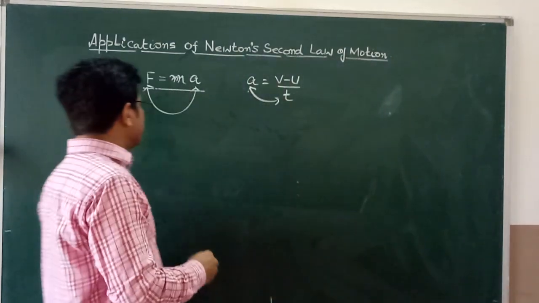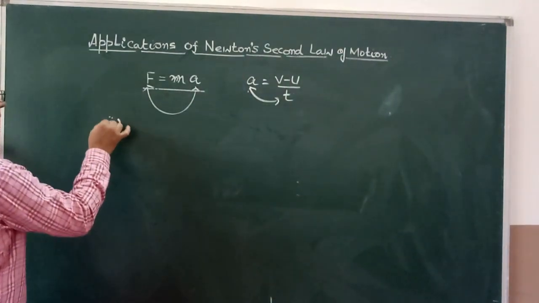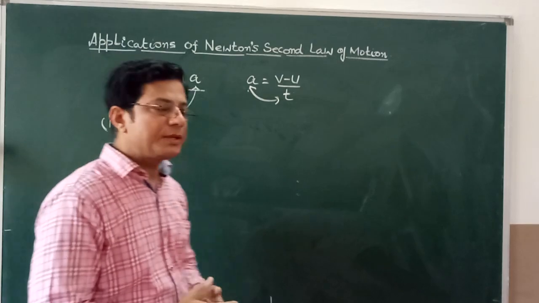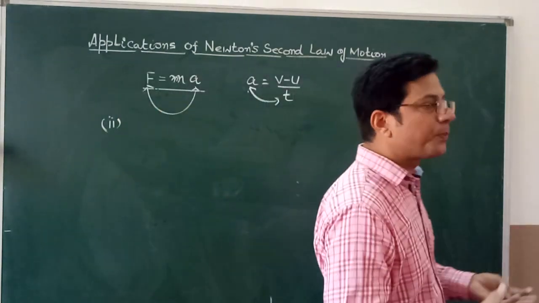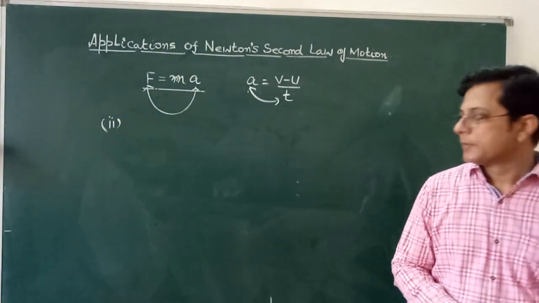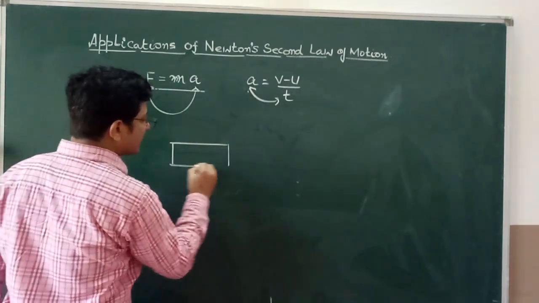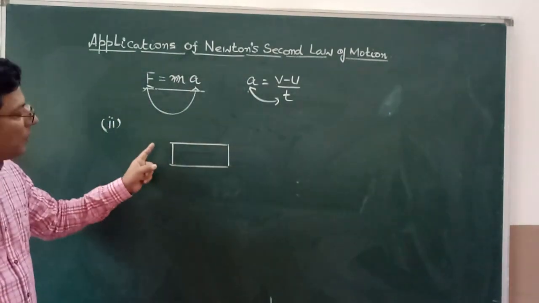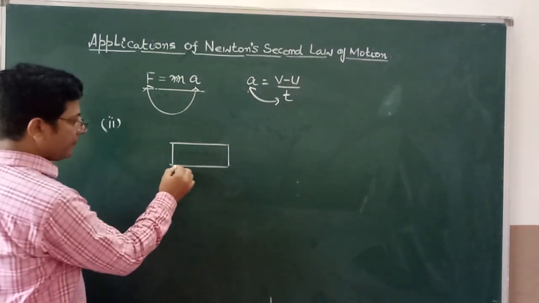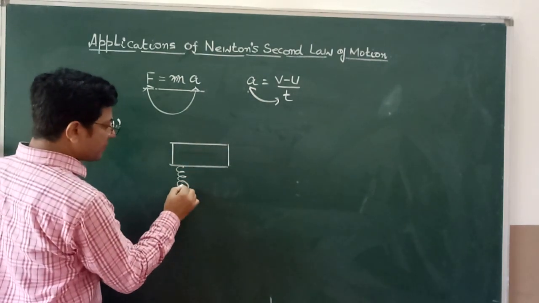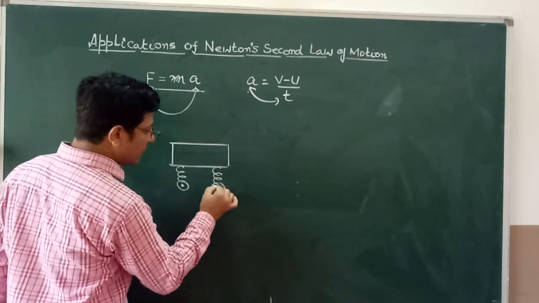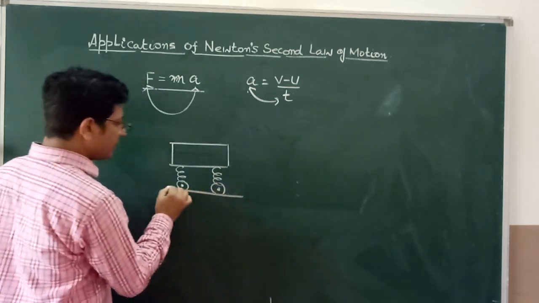So come to the second application, one more application. Why are bikes and cars provided with springs or shock absorbers? Look at this figure. Suppose this is a chassis, that is the floor of the car, and these are springs or shock absorbers, wheels.